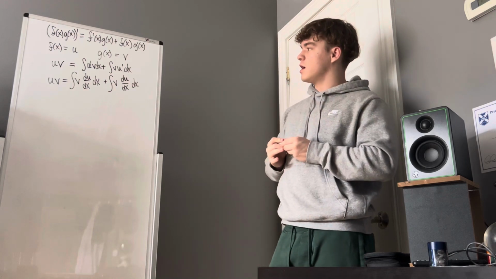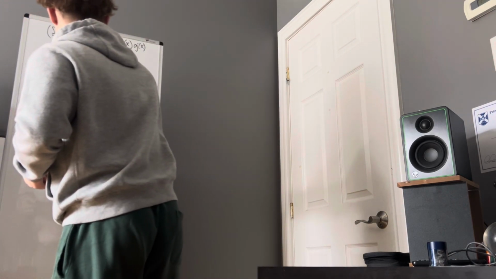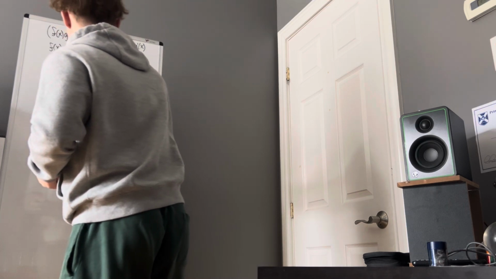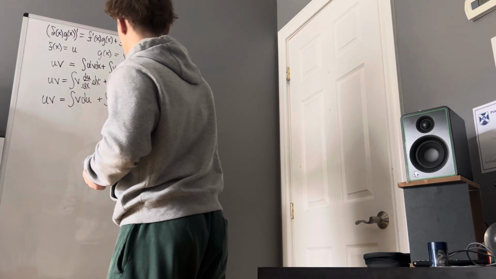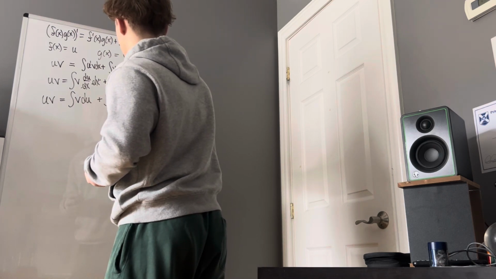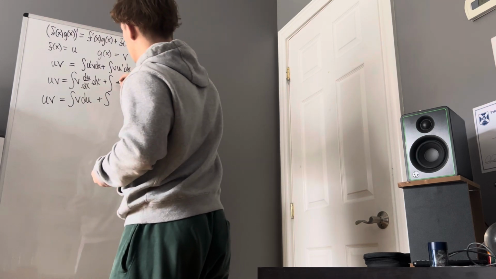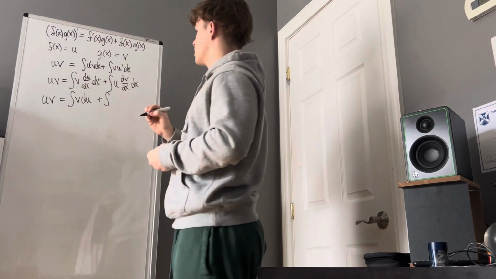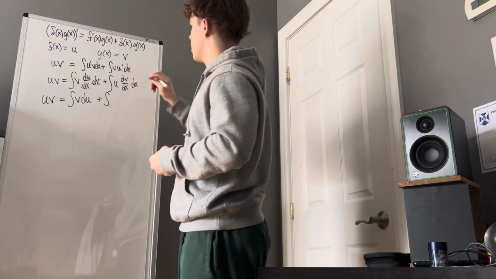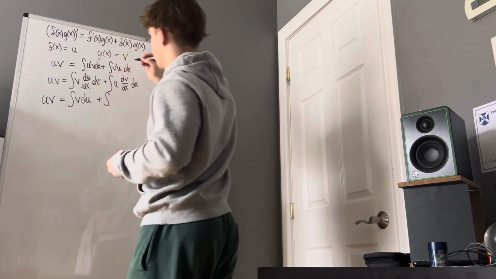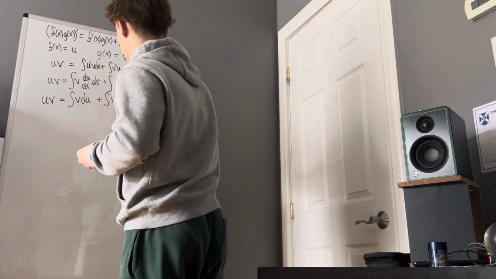So uv equals the integral of v du plus the integral of u times v prime, sorry, I must have written this wrong again. Yes, the v is primed here. Get rid of these dx's: u dv.